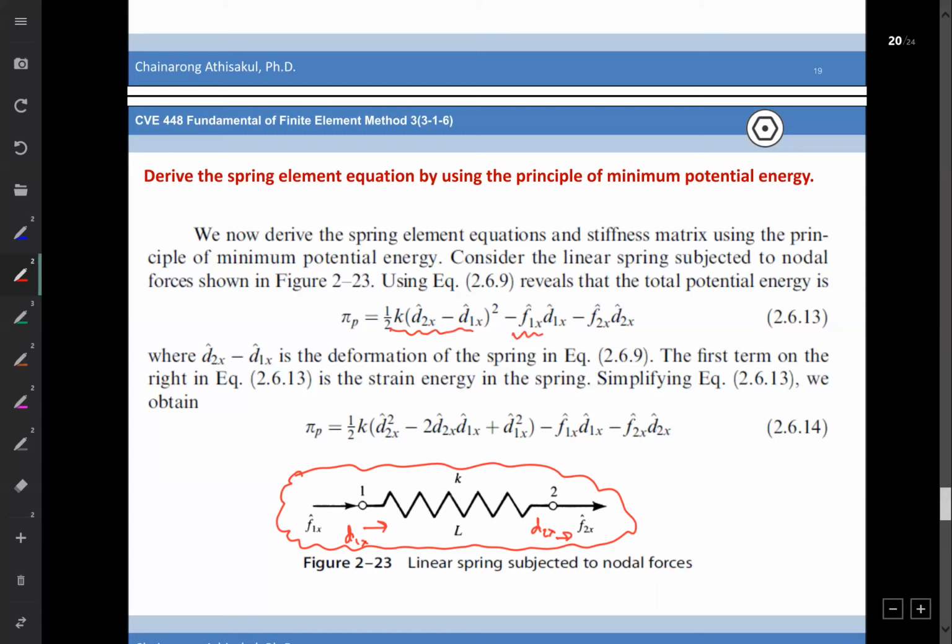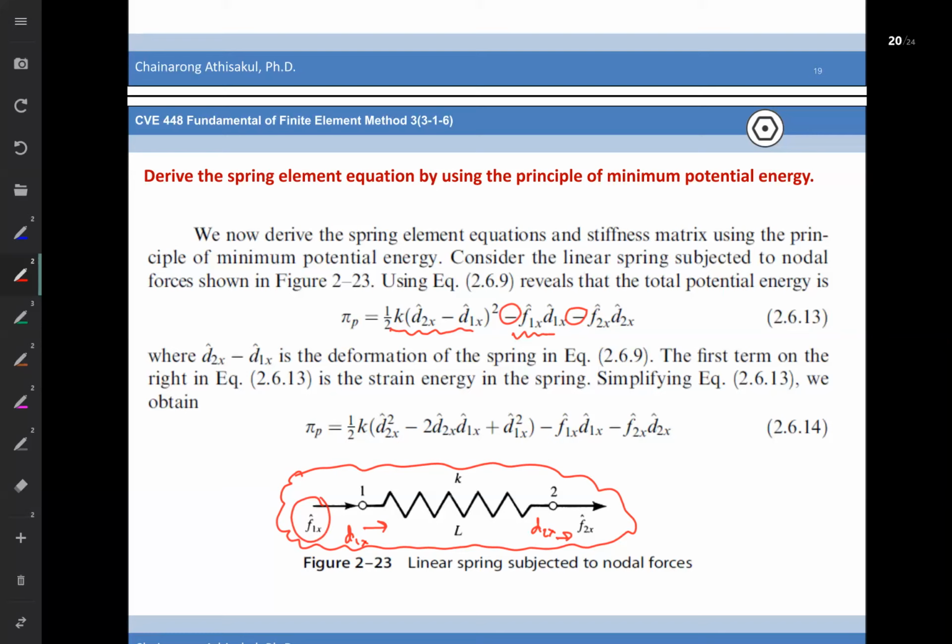This is the term of the work done by nodal force, that is F1x d1x. But if we write it in the term of potential energy due to the external work, it should have the negative sign like this. In the same manner for the nodal force at node number 2, we obtain this.